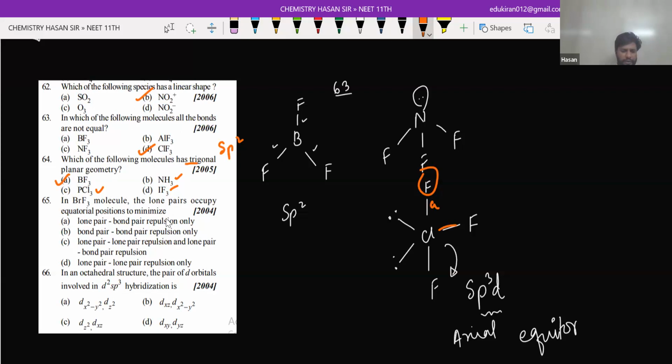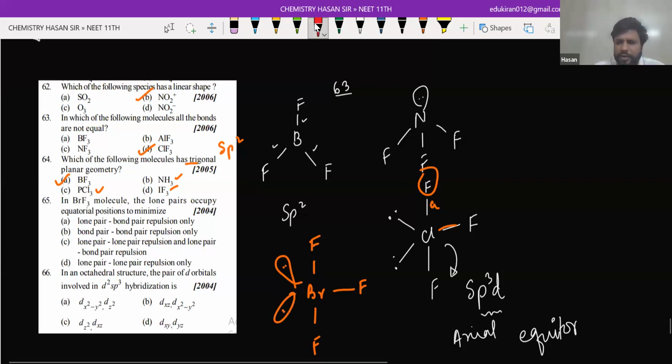And in 65, in BrF3, I'm going to show. This is your BrF3, and two lone pairs will be there, here and here. So what they asked, try to understand, is that this is a trigonal planar type geometry.